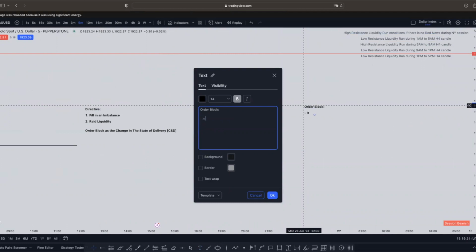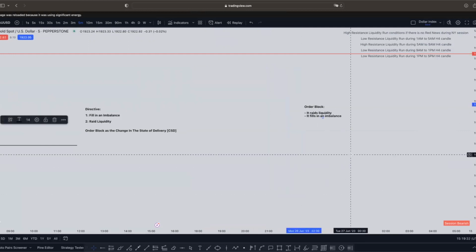It creates liquidity or it fills in an imbalance. Order blocks are the most fundamental object inside the framework of a change in the state of delivery.